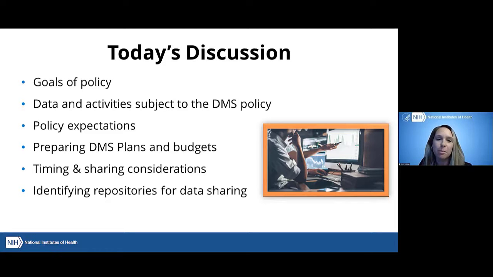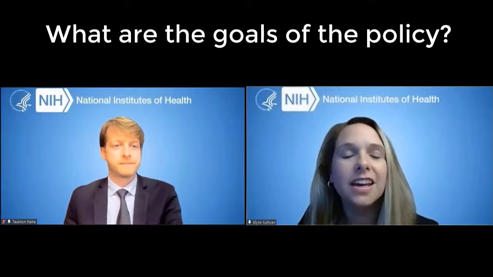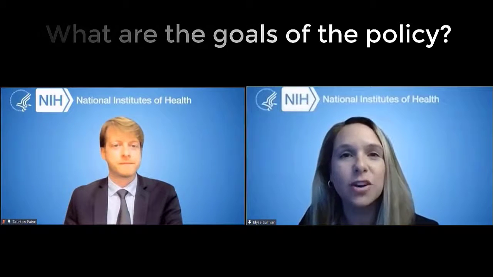We've chosen these topics based on the most common questions that we've heard from researchers, institutional officials, and other groups. And we plan to cover additional topics in part 2 of this webinar series, which is coming in September. So with that, I will turn my first question to Taunton. Can you start by summarizing the goals of the policy for us?